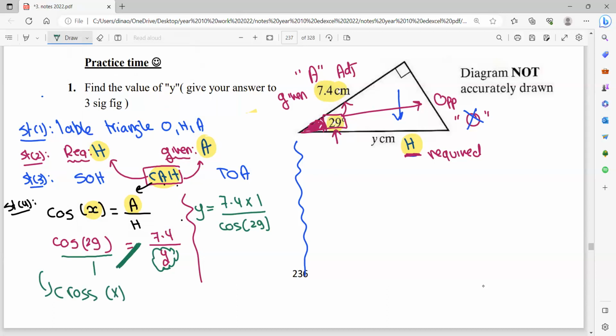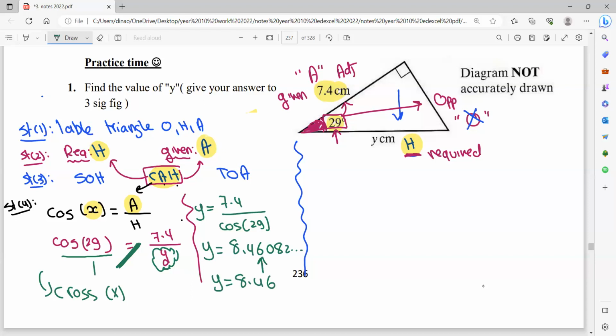Now I pick my calculator and I put this fraction on the calculator. Of course, you can ignore times 1 if you wish. It has no use. You can ignore it. And then on the calculator, 7.4 over cosine 29. On the calculator, Y is equal to 8.46082, whatever. Now the question says round to 3 significant figures. So this is the 3rd significant figure. And your final answer is 8.46.